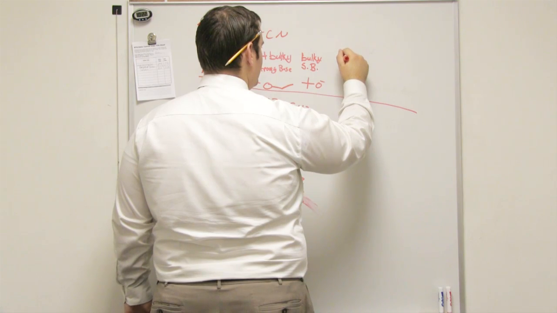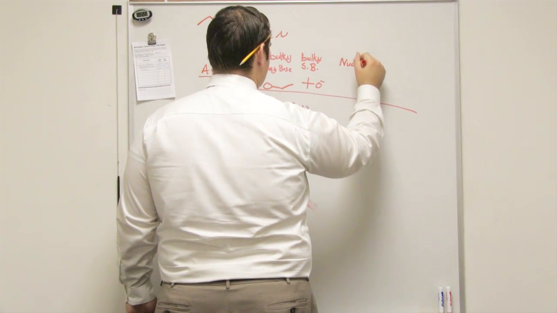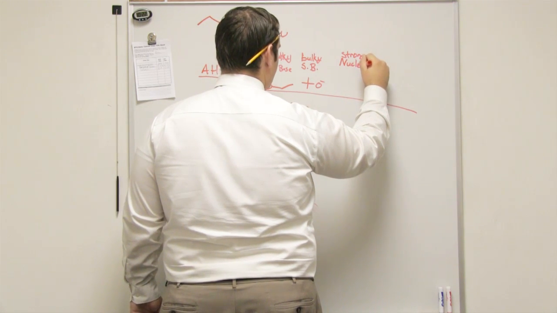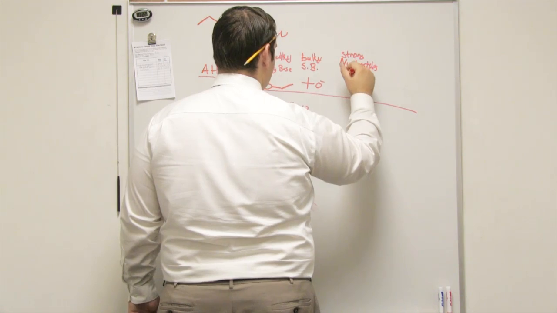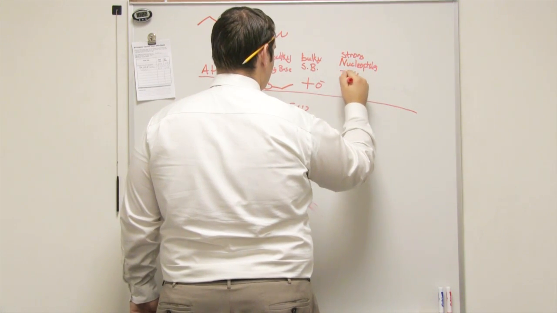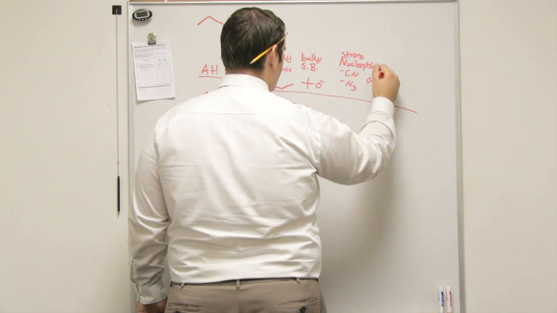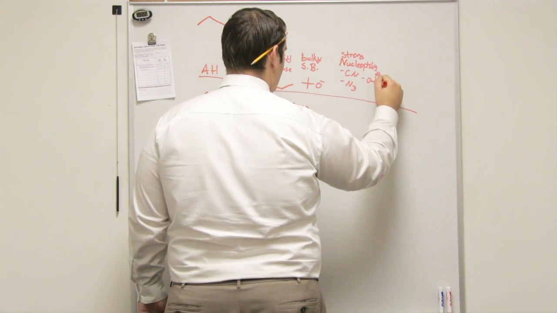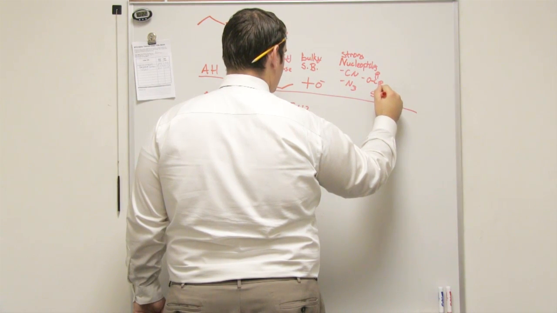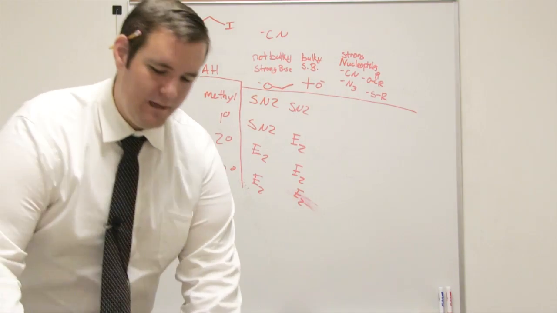So if you have good strong nucleophiles, weak bases, examples would be like your cyanide, your azide, your carboxylate, like all of them in chapter 8, at the beginning of the chapter.